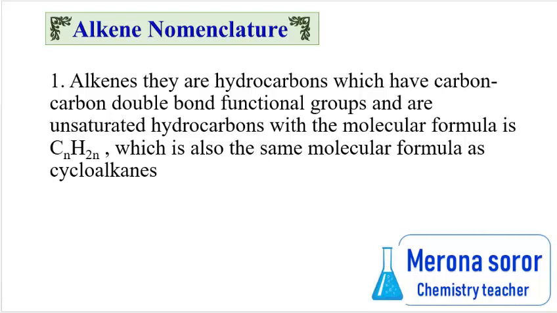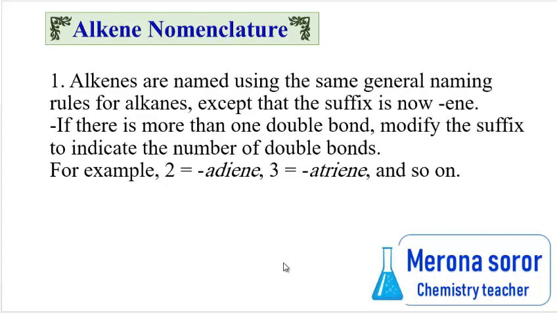Alkenes. They are hydrocarbons which have a carbon-carbon double bond functional group, and are unsaturated hydrocarbons with the molecular formula CnH2n, which is also the same molecular formula as the cycloalkane. Step number 1.